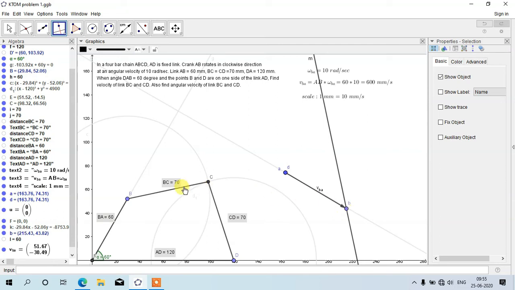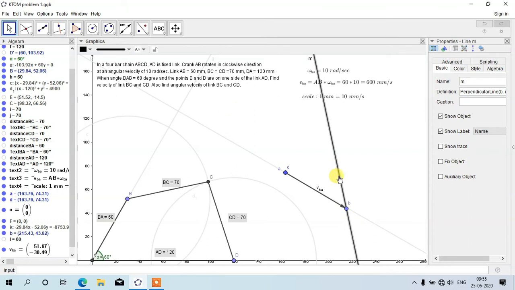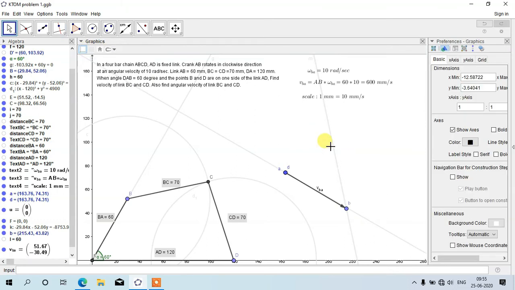So I will pass the line from point B. This is not our main line, so I will highlight it.